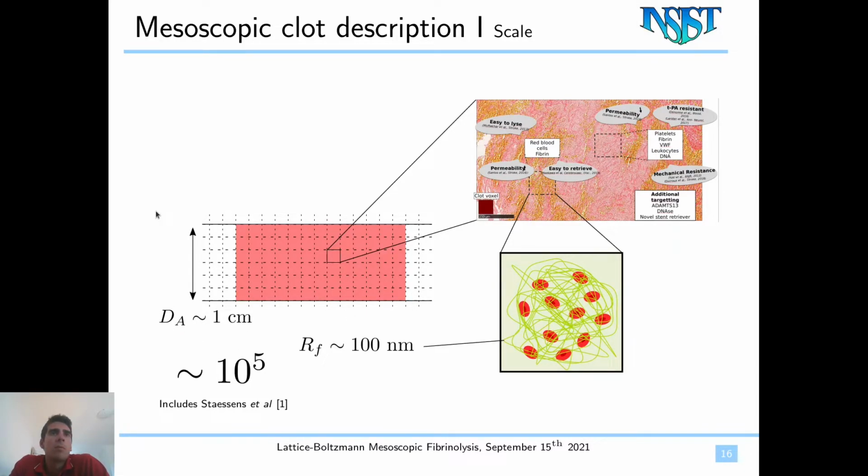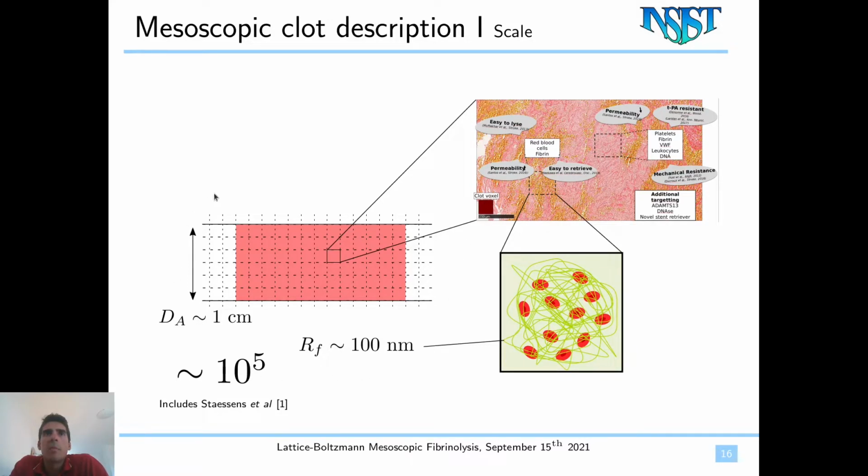So if one would want to represent naively the whole thrombus at the pore scale, where the radius of the fibers is approximately hundreds of nanometers, one should have, in the case of a 2D simulation, 10 to the 5 pixels in just one row of diameter. So if we are in 3D, this yields completely unrealistic simulations.